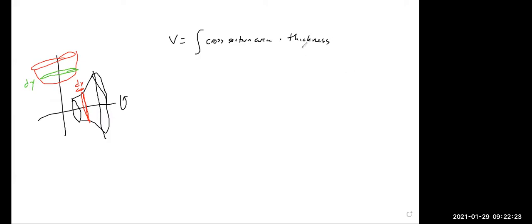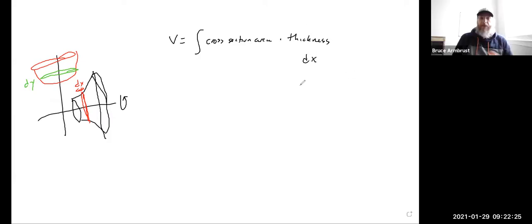So that's going to be, in this case, dx. The cross-sectional area is the area of a square, so it's going to be the side length squared. So let's see if we can figure that out. Now we're, again, going to have to break this into 2. So we'll set up the 2 different integrals.